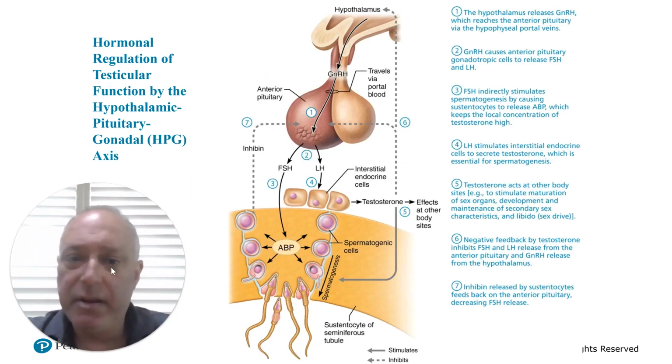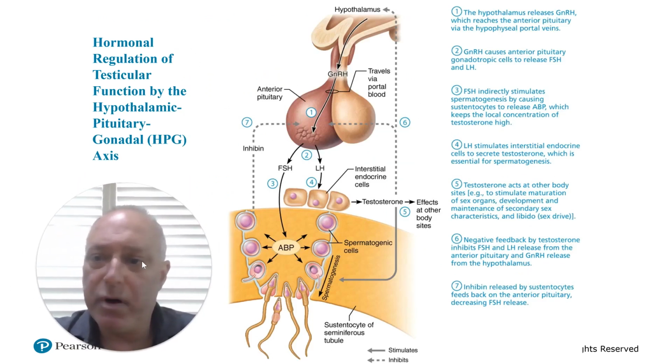Okay, let's then go back to our hypothalamic pituitary gonadal axis, where we've got gonadotropin releasing hormone from the hypothalamus. The anterior pituitary responds by producing follicle stimulating hormone and luteinizing hormone.